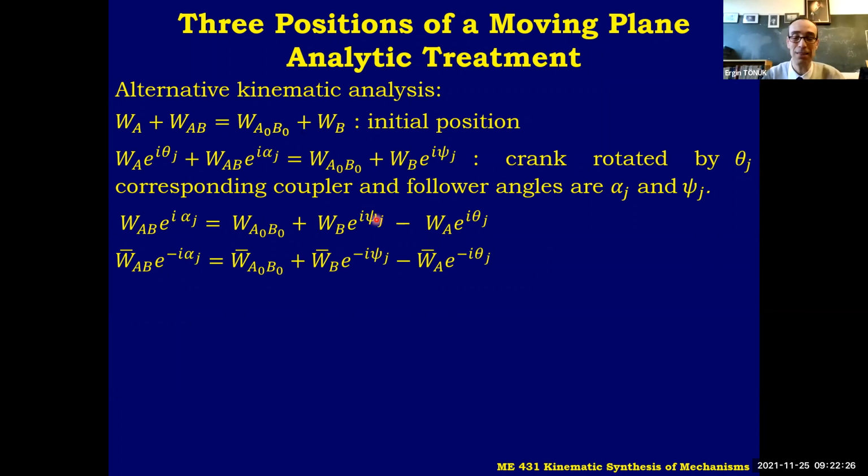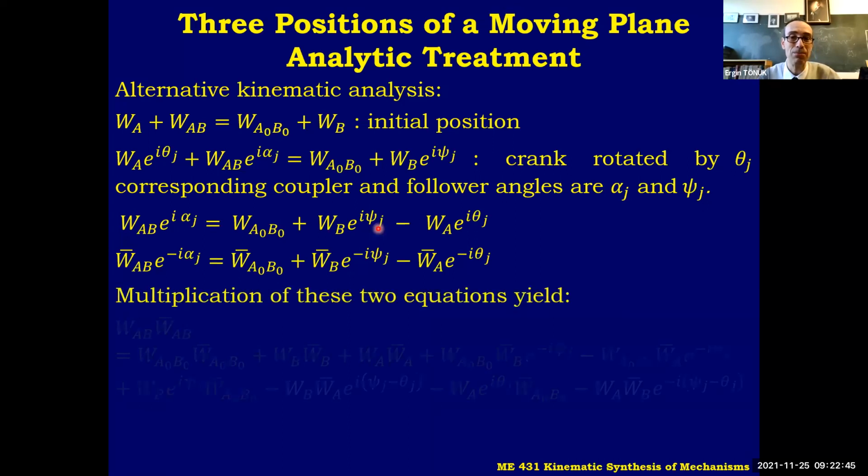So that's another, as I said, alternative procedure. You don't need to use it if you feel comfortable with our good old 301 analysis, no trouble, okay? This is just, I would say, an alternative method in complex numbers.